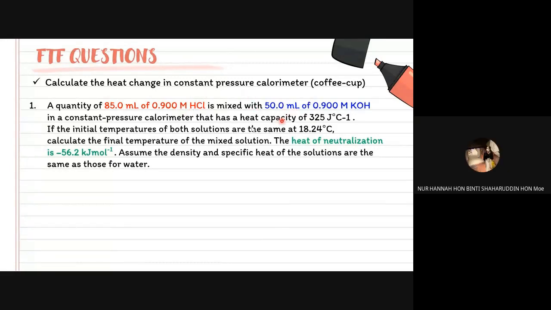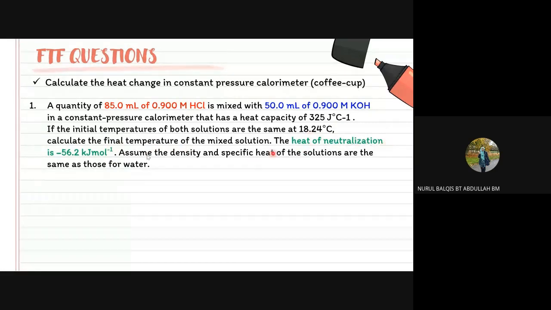Yes. Okay, so kena bear in mind yang kita tak boleh kata yang ni saja. So dia cakap lagi heat capacity of 335 joule per degree C. This belongs to calorimeter. If the initial temperature of both solutions are the same, 18.24 degrees C, calculate the final temperature. Dia nak final temperature, the T2.